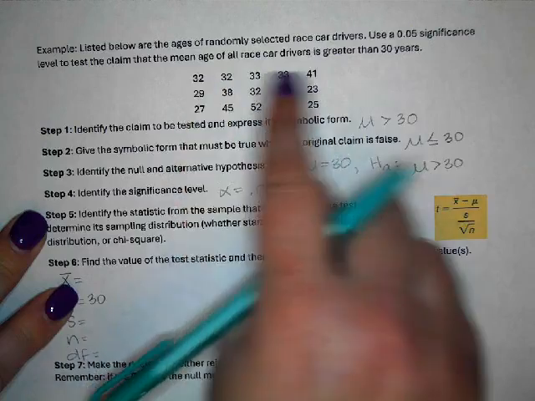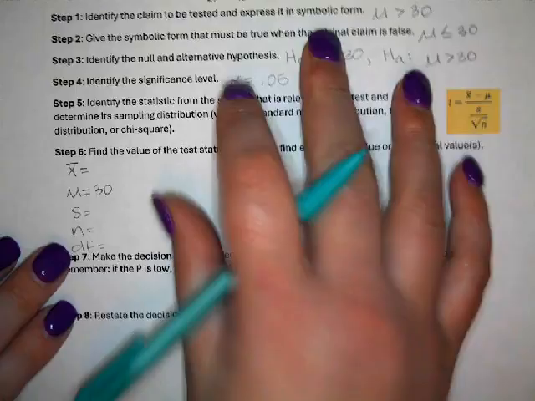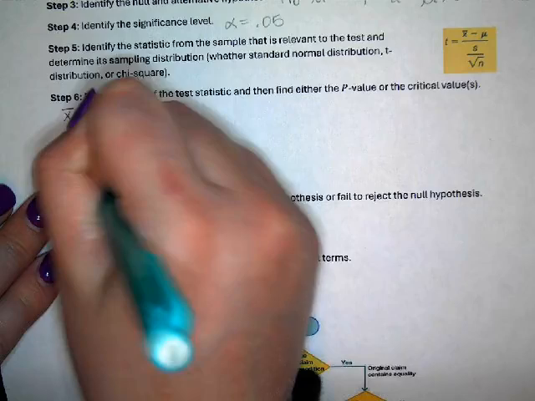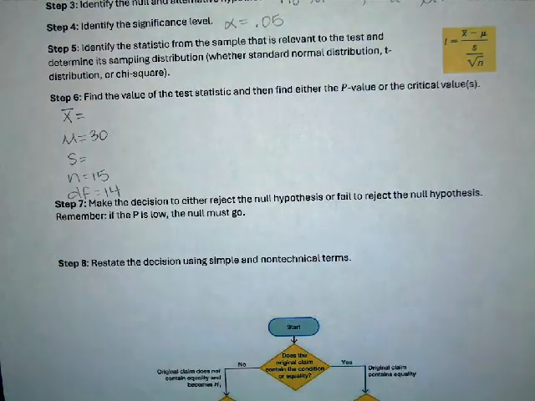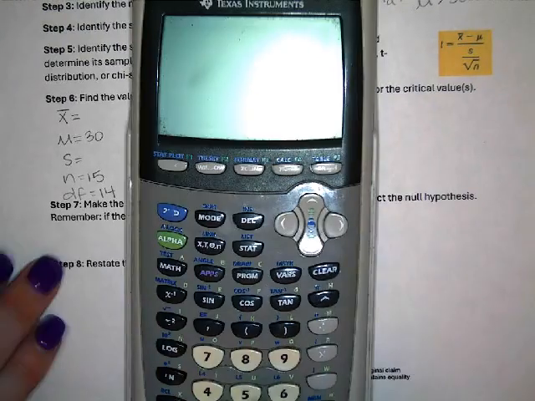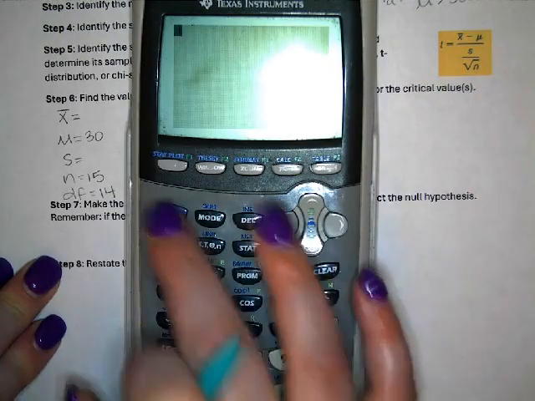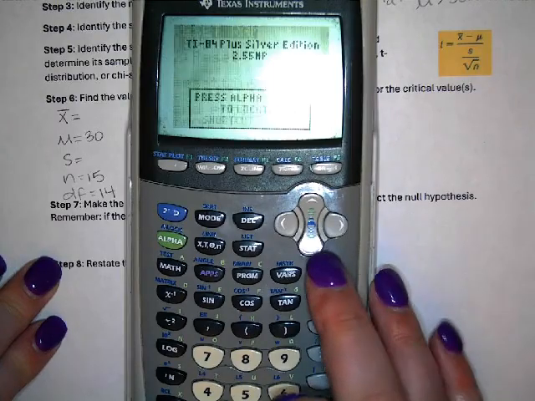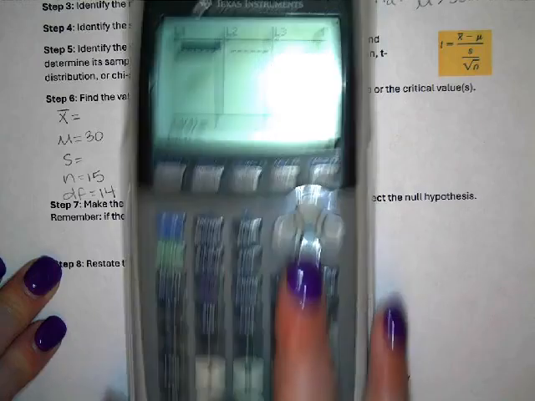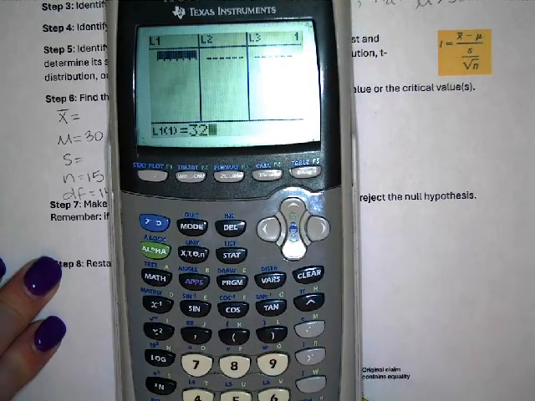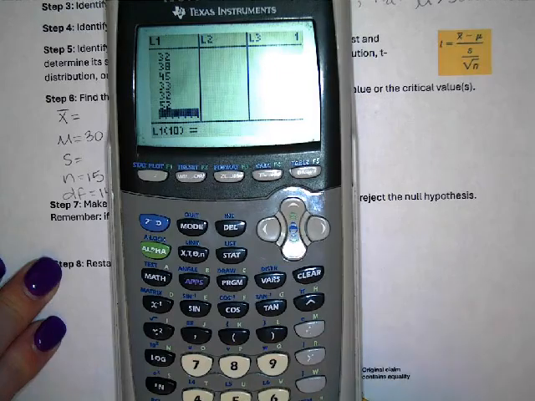We know the degree of freedom is 14. Okay. So let me go ahead and get this all plugged into my calculator. I'm just going to clear my memory. So if I hit stat and edit, I can type these all in. 32, 29, 27, 32, 38, 45, 33, 32, 52, 33, 33, 29, 41, 23, 25.